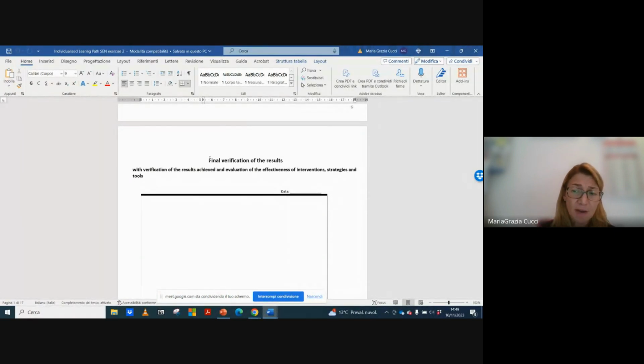We can find some best practice to adapt to other students that could find themselves in the same situation. We can also exchange these good practices with other schools.